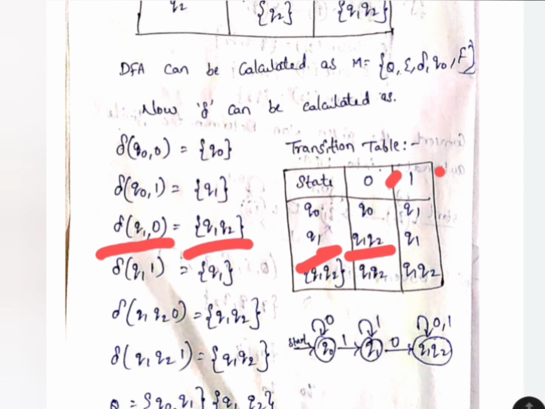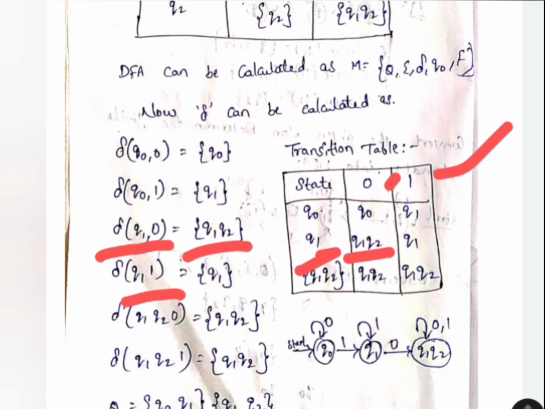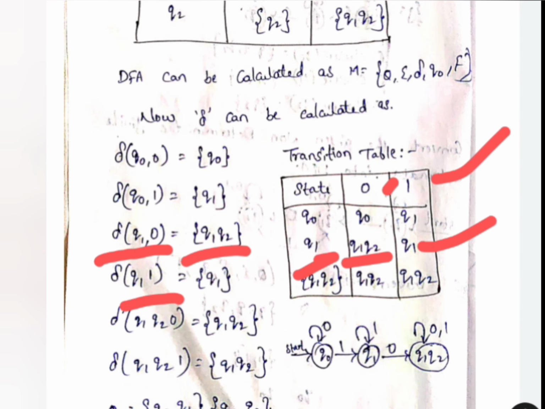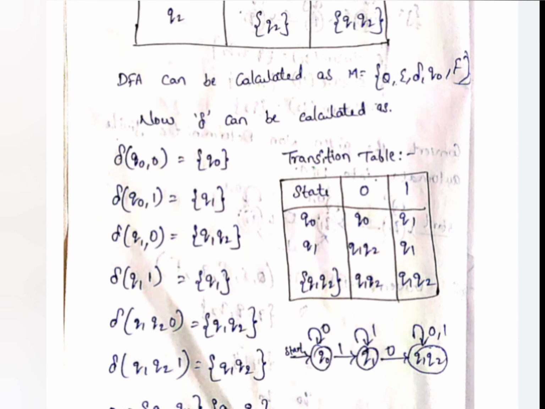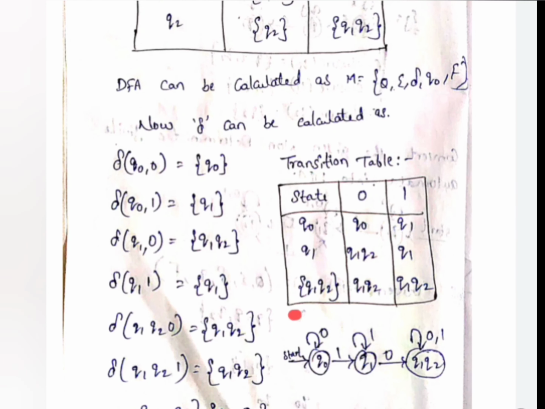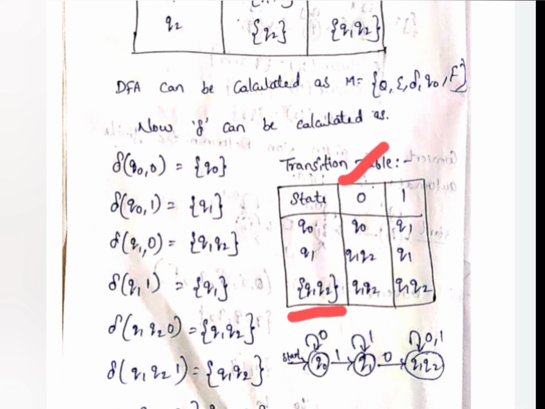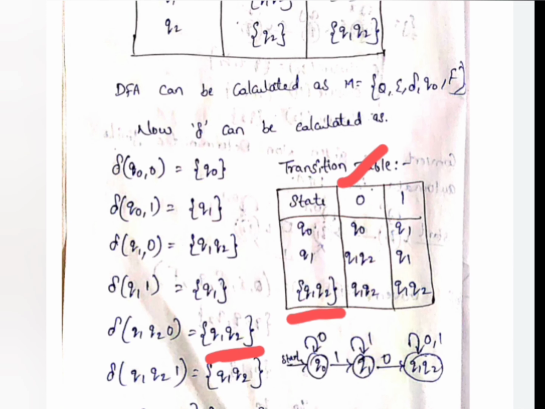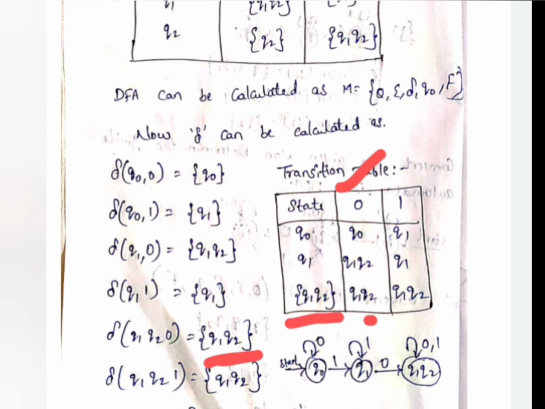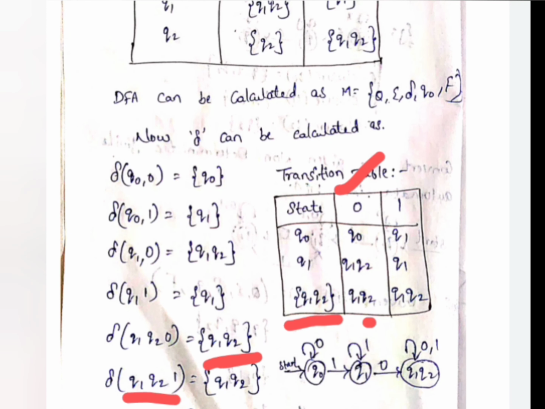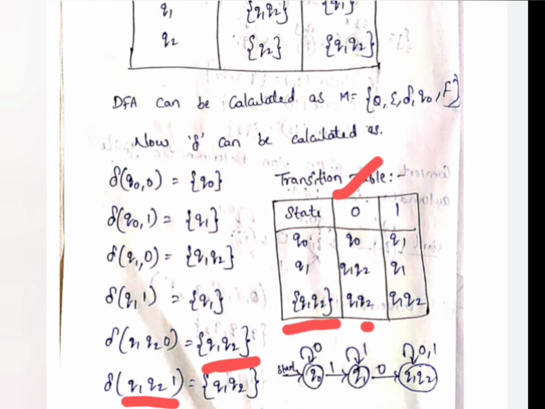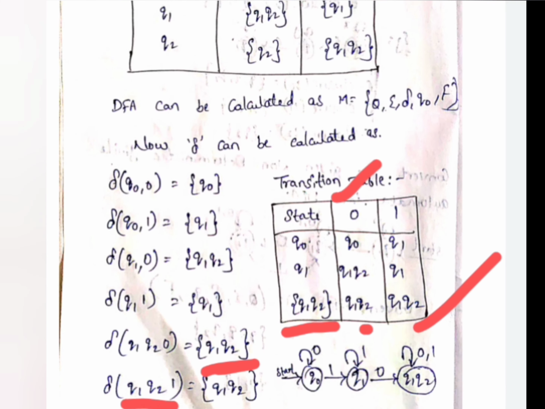Q1 with input symbol 1 moves towards Q1, so you write Q1. Next, delta of Q1 Q2 comma 0 moves towards Q1 Q2, so you write Q1 Q2. Next, Q1 Q2 comma 1 moves towards Q1 Q2, so you write Q1 Q2.